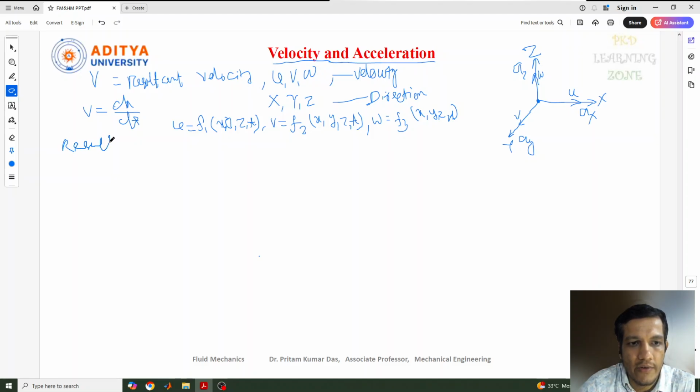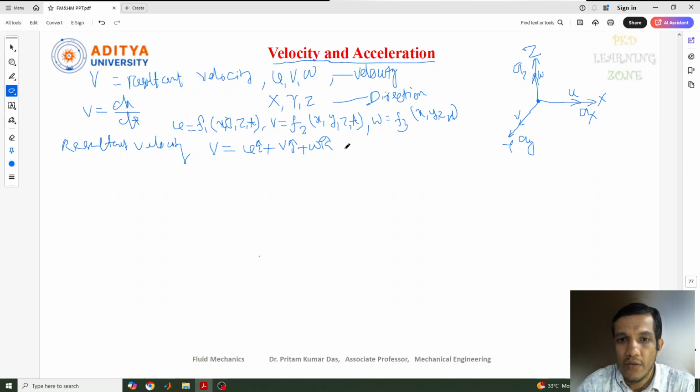Finally, you can write the resultant velocity, the vector component of the velocity, as V equals u i cap plus v j cap plus w k cap.